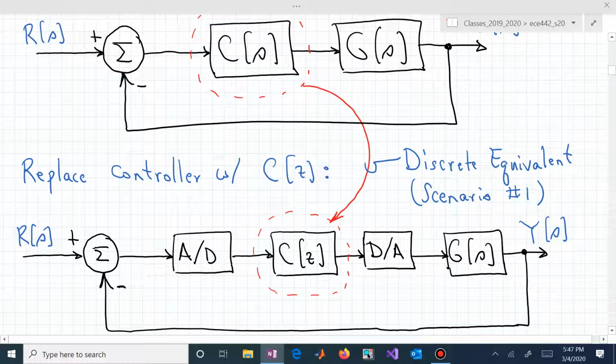And do you see that in these red highlighted circles, I'm not incorporating any A to D behavior or D to A behavior. I just want to know what happens between the input and output signals of C of s and the input and output signals of C of z, and I want to match those in some way. I want them to be, in quotes, equivalent.